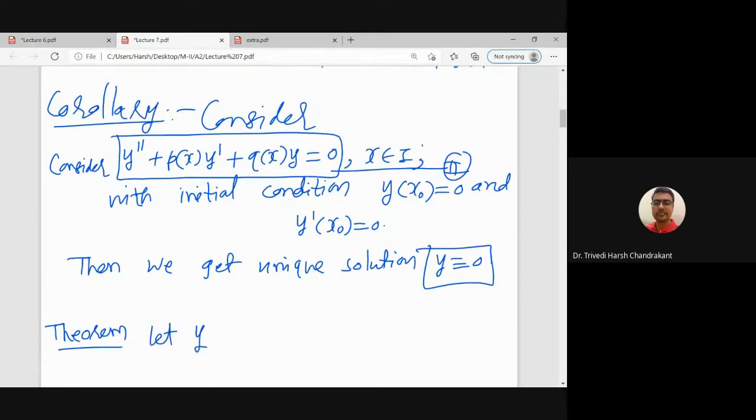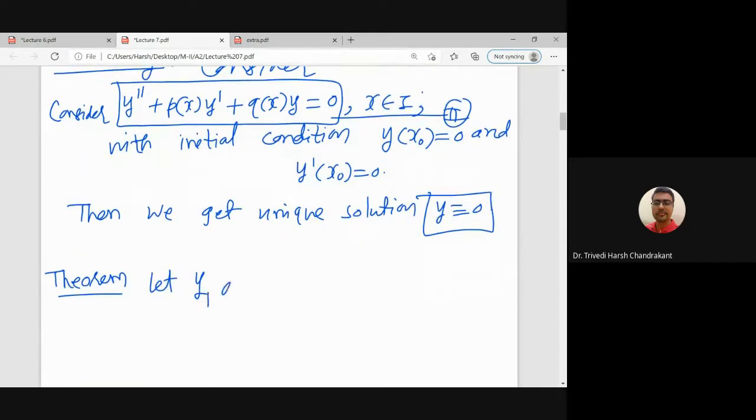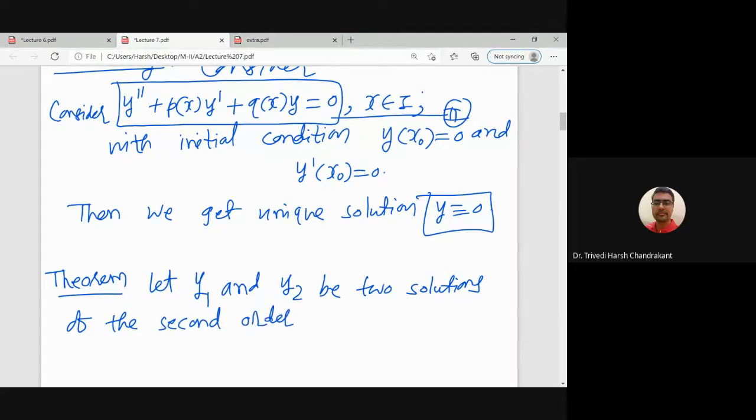So let y1 and y2 be two solutions of the second order linear homogeneous differential equation.